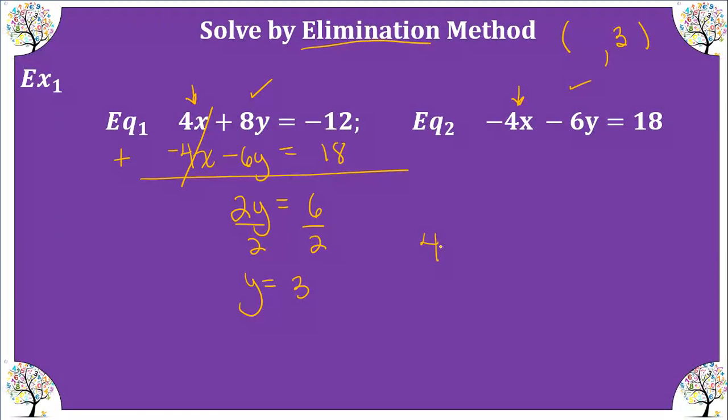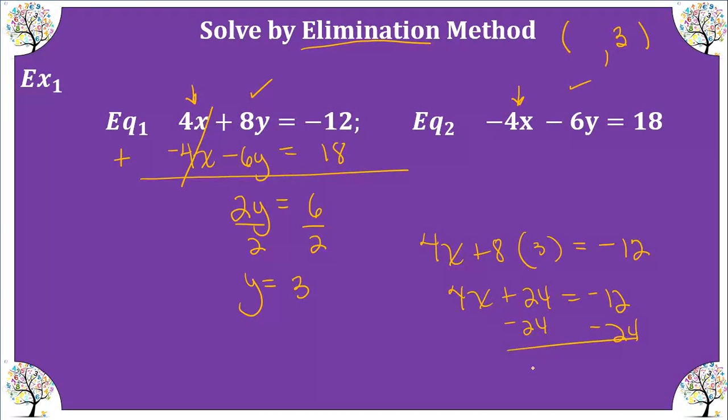So I'm going to have 4x plus 8 times the value of y equals negative 12. I'm going to multiply 8 times 3, and now we're going to solve for x. Subtract out 24, and I have 4x equals negative 36.